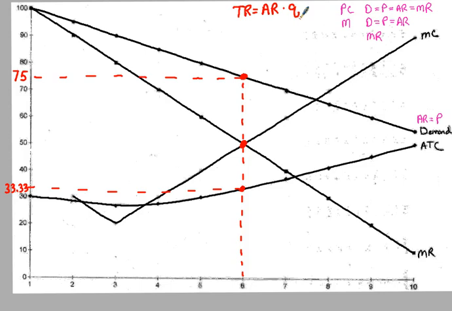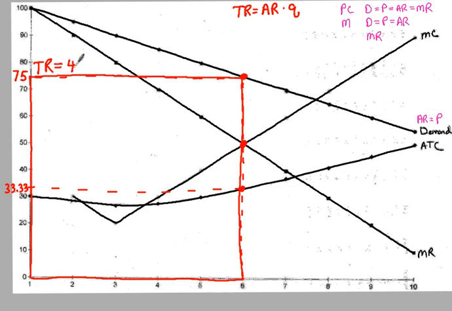In this case, that is going to be 75 times 6, which is going to create the area of this rectangle. 6 units on the horizontal axis for quantity, 75 on the vertical axis for the average revenue. So the total revenue is going to be the area of this box, which is equal to 75 times 6, which gives us a total revenue of $450 if we produce at 6 units.